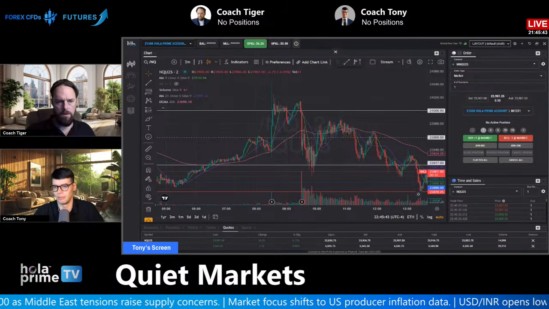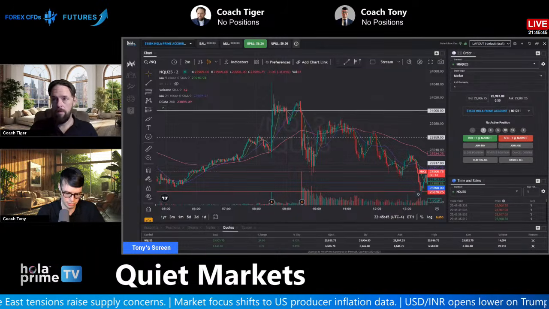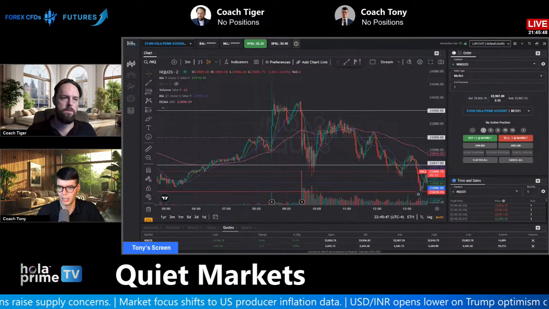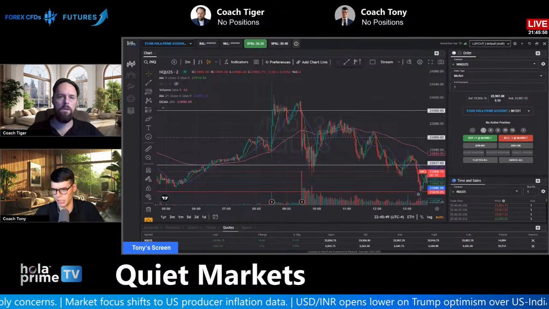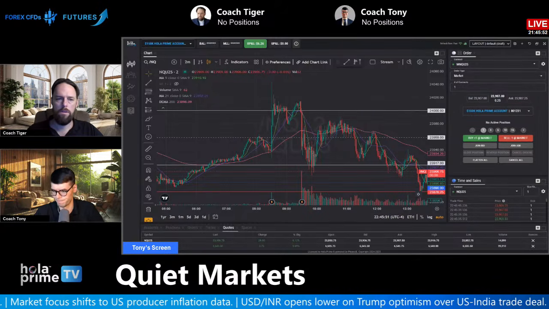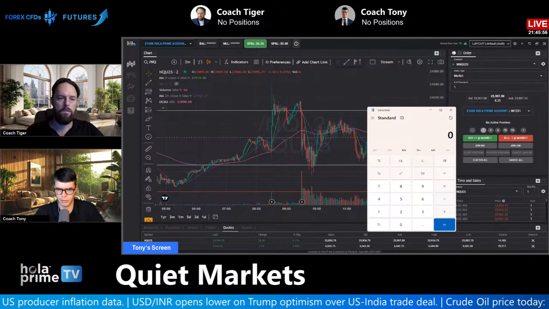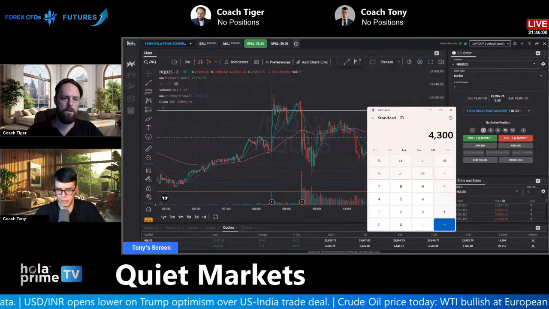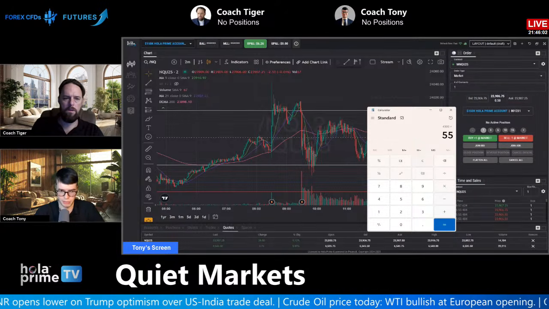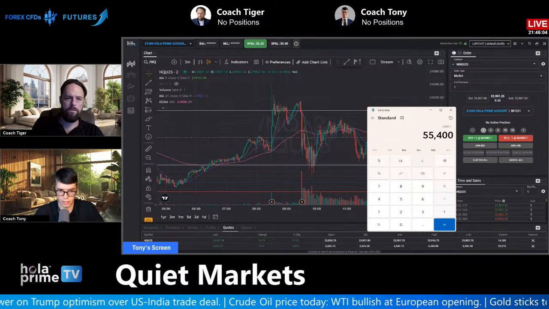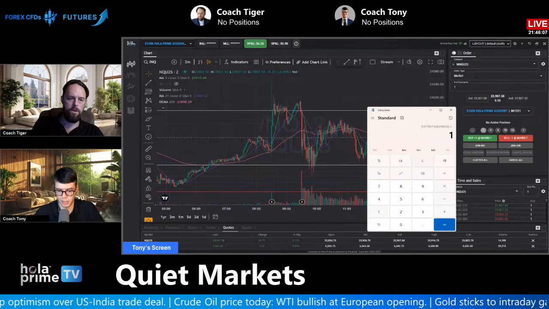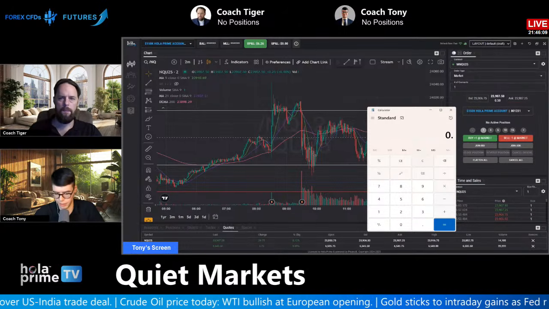Again, we can do simple math. Like I said, NVIDIA, I think, is the most valuable company in the United States, in the world. I'm not even sure. 4.3 trillion divided by, what do we say, $55 trillion in the S&P 500 in terms of market cap. Wow, there was a 7 there.